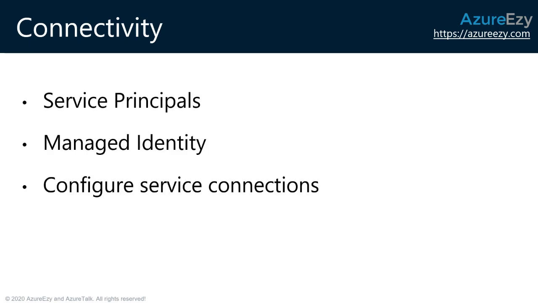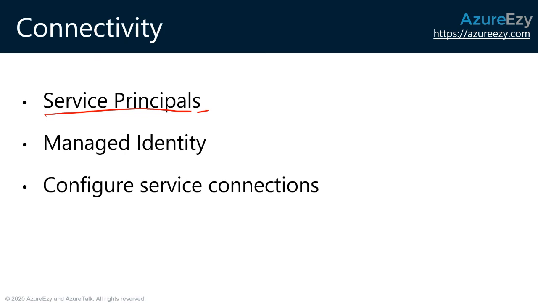One of the ways you can connect is using a service principal. You can create service principals in Azure AD, and then you can provide permissions to that service principal, right? And then that can help you connect with other services.